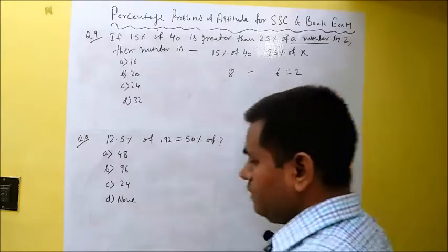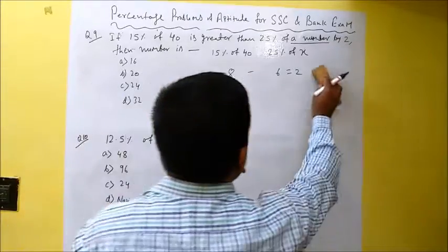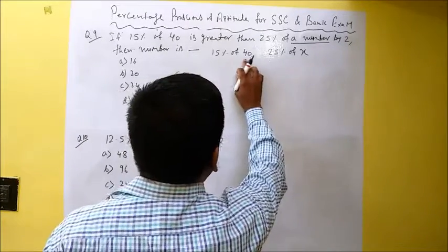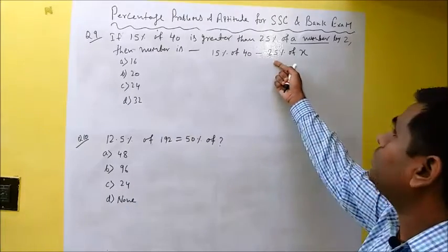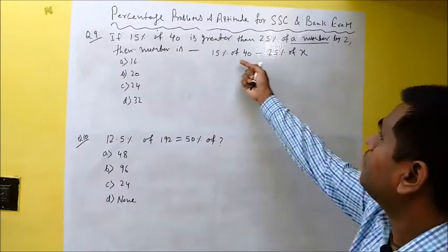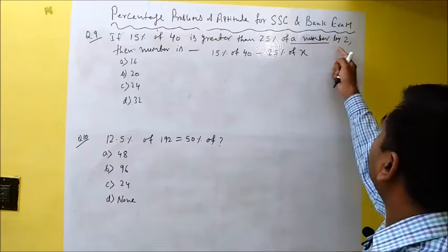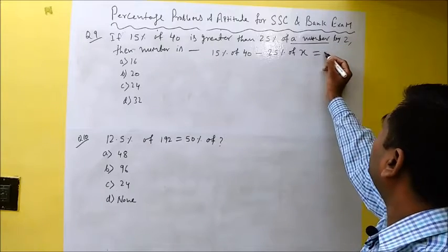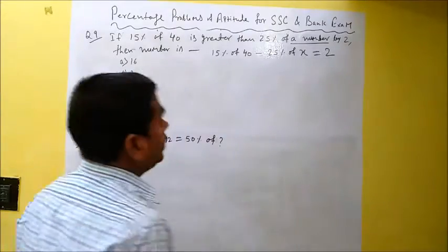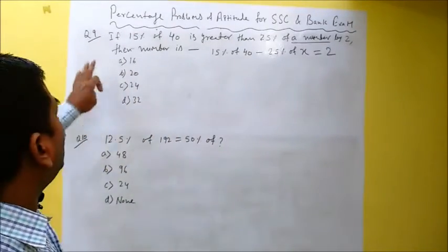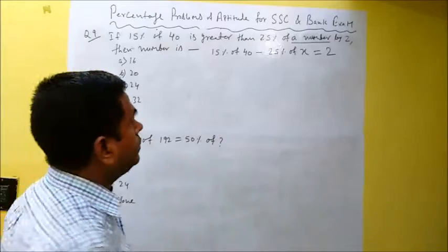Similarly we frame this equation: 15% of 40 is greater, so we subtract 25% of x from it, and this is greater by 2, so we write equal to 2. Now the equation is framed. If you solve this, you will get the answer. So let's quickly solve it.